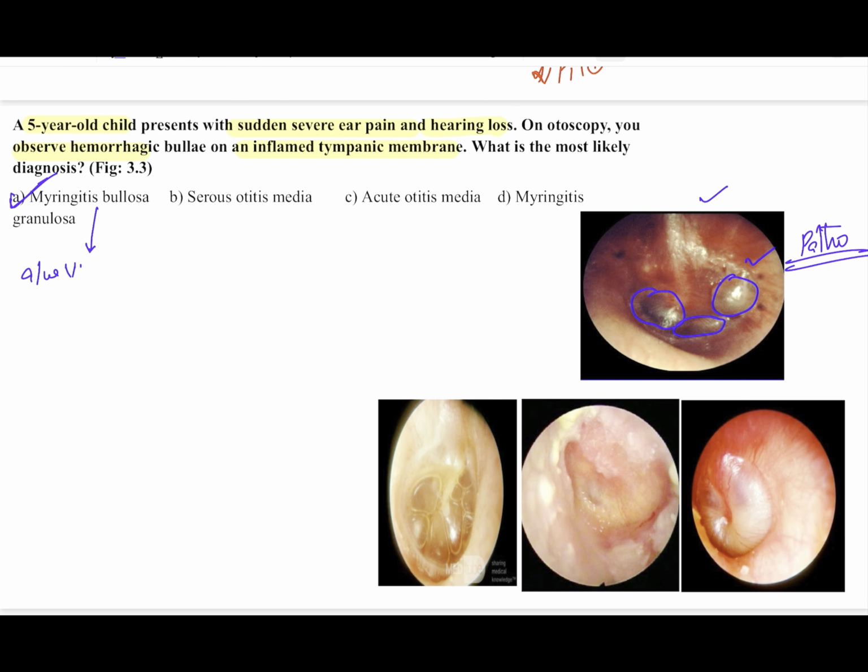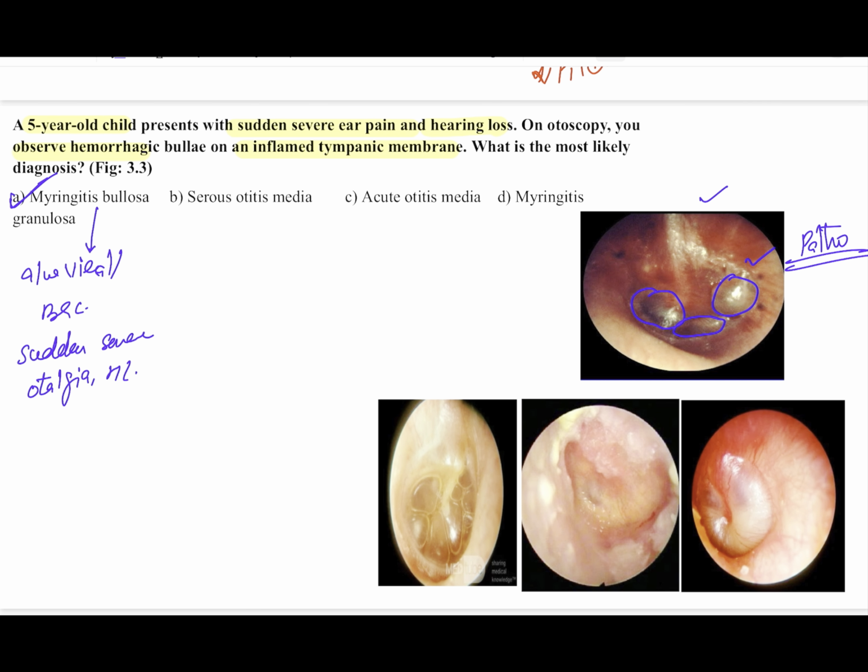It is associated with viral or bacterial infection, so influenza virus or mycoplasma pneumoniae can cause this disease. In this condition, the patient will have sudden severe otalgia, meaning ear pain, associated with hearing loss.